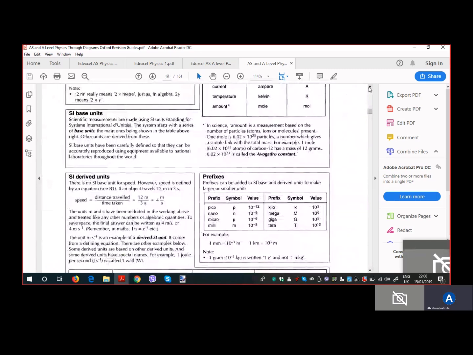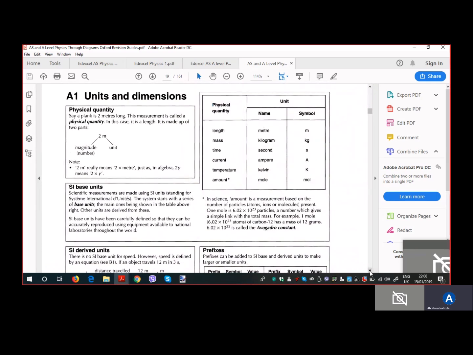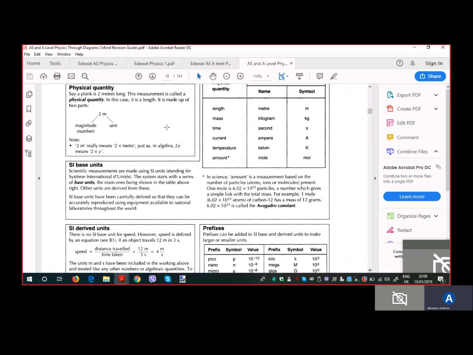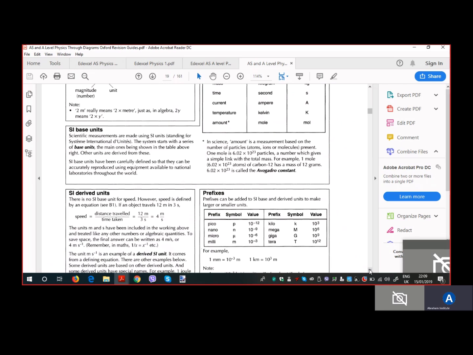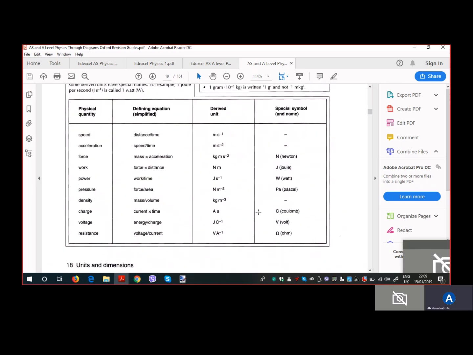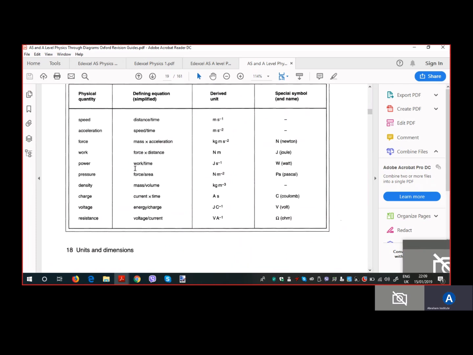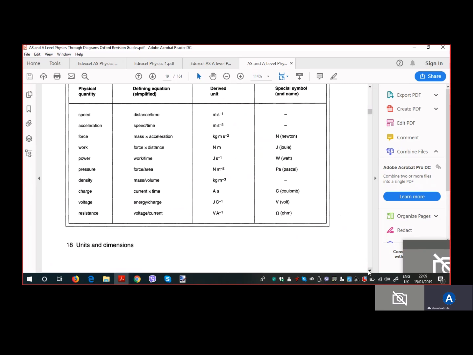Okay, so again you can see this revision guide is also good. Now do you see here physical quantity, this thing we already discussed. Then you have the metric prefixes here, some of them. Can you see they're also giving you the equation which is used to get this?